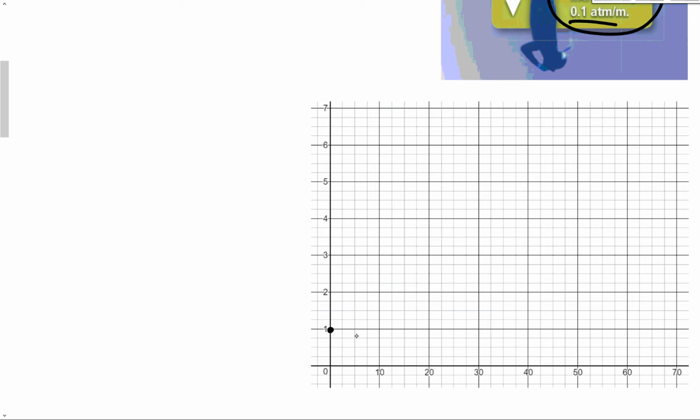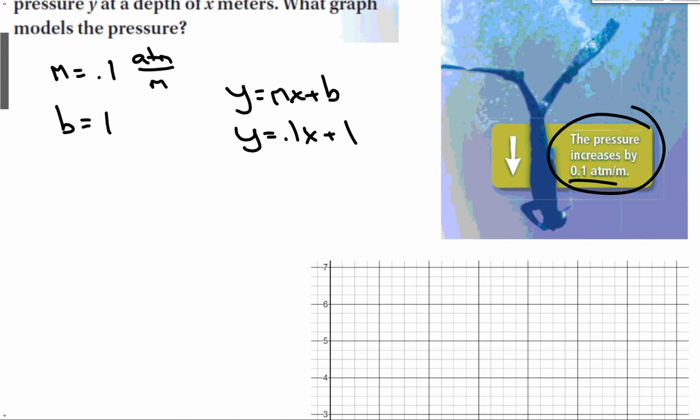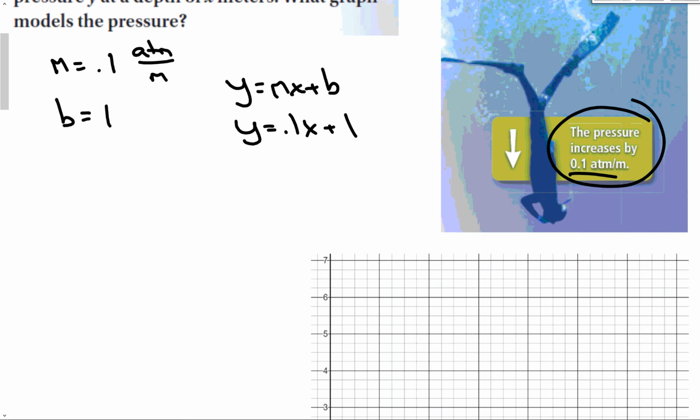But if I go right 10, that's up 1 whole 1, right? Because 0.1 is 1/10. So if I go up 1, right 10, that would be right 1, up 10, which would be equal to 0.1. Remember, slope is always rise over run.